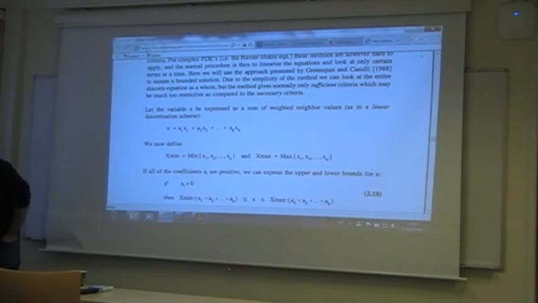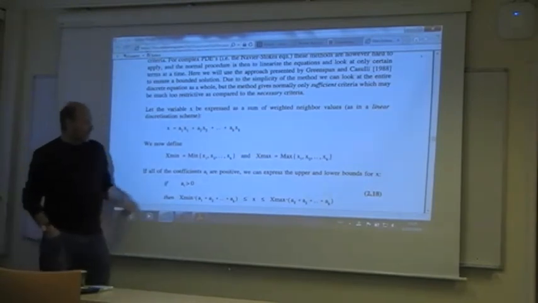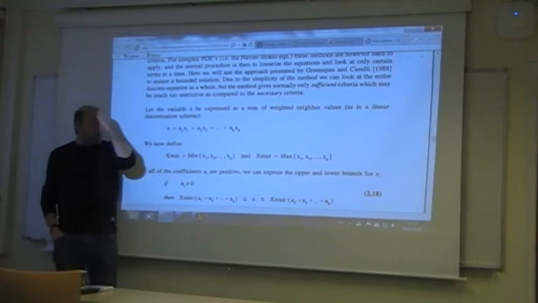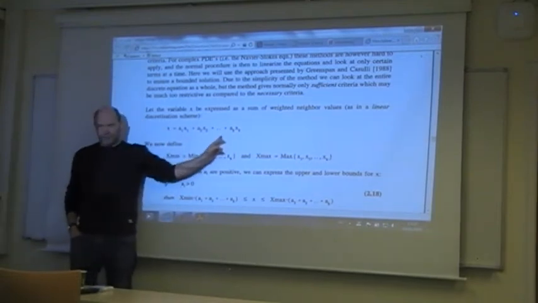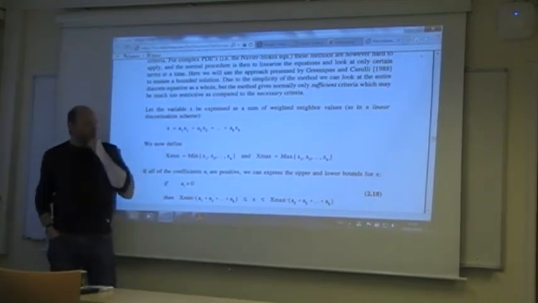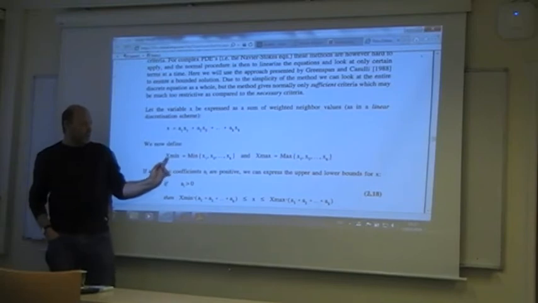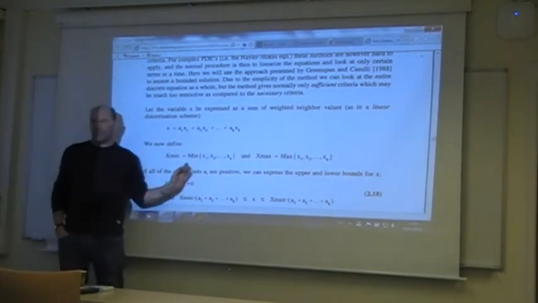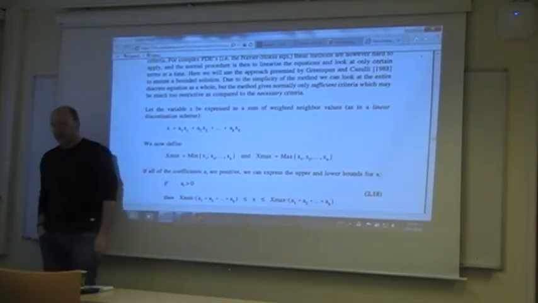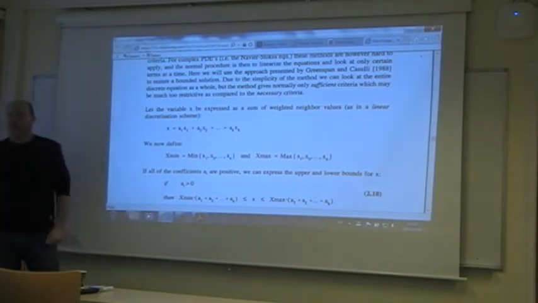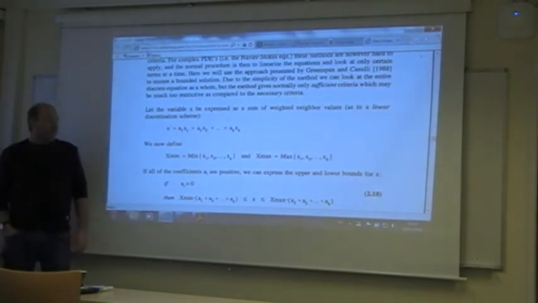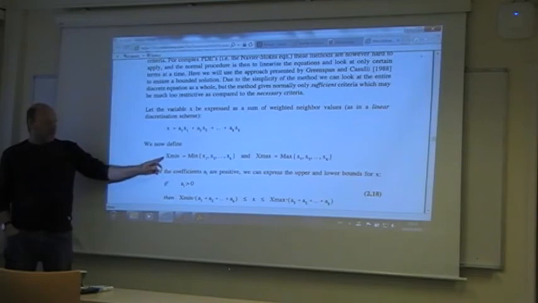And then we define the smallest one and the biggest one, x min and x max, of all the neighbors. Now, if we can show that the new one, the one we're going to find, is limited between these two quantities, then we are dead certain this is going to be stable. So this is what we are aiming for. X should be limited between the smallest one and the biggest one.